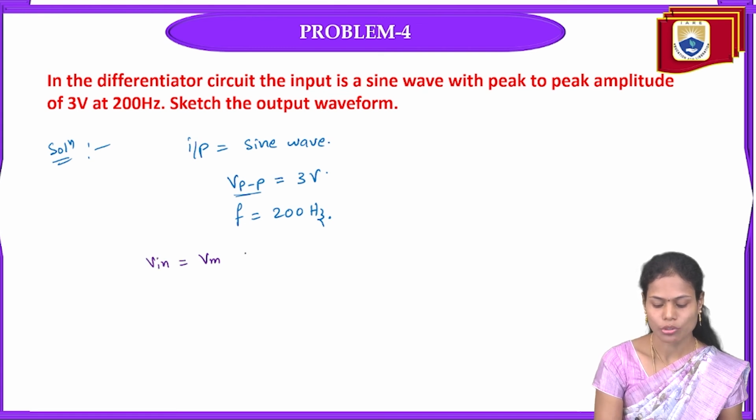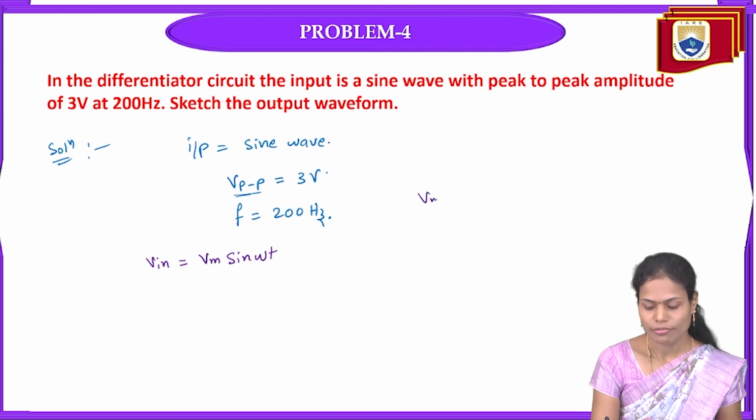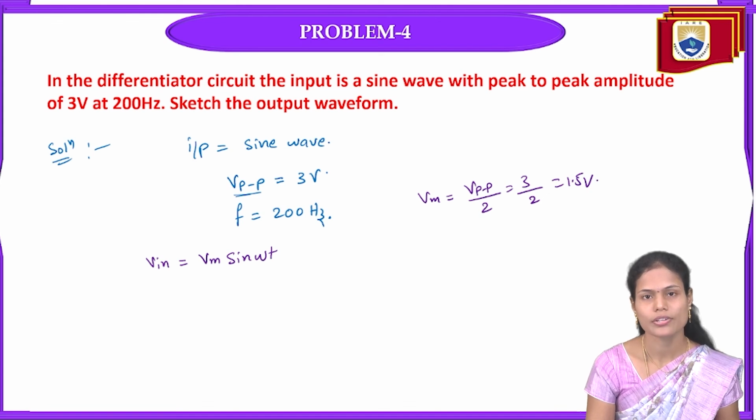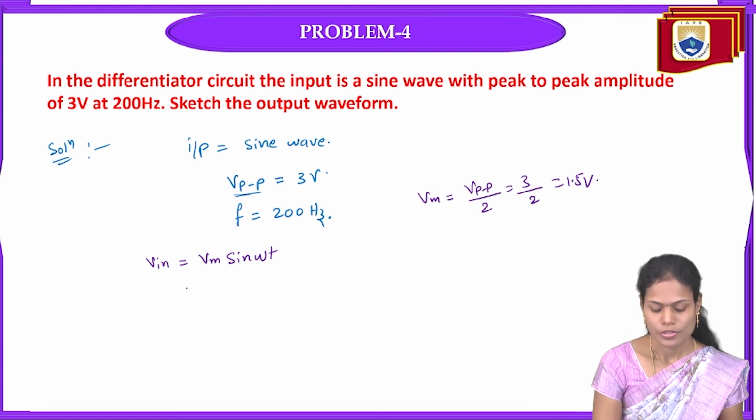The input is Vm sine omega t. First of all, we need to calculate the Vm value. Vm is equal to V peak to peak by 2. It is nothing but 3 by 2, that is 1.5 volts. So 1.5 volts in the positive direction and 1.5 volts in the negative direction, positive peak as well as negative peak values. So the input signal we can write as 1.5 sine omega t.